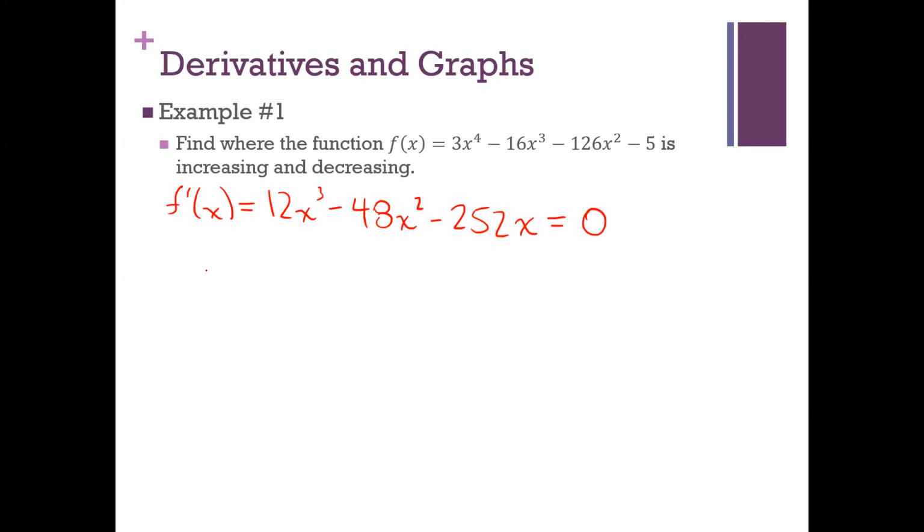Factor out x. Can we do better than that? Factor out 12. I think 252 is divisible by 12. I'm pretty sure that I cooked this up so that happened. Yep, okay. So if I factor out 12x, I get 12x times x squared minus 4x minus 21.